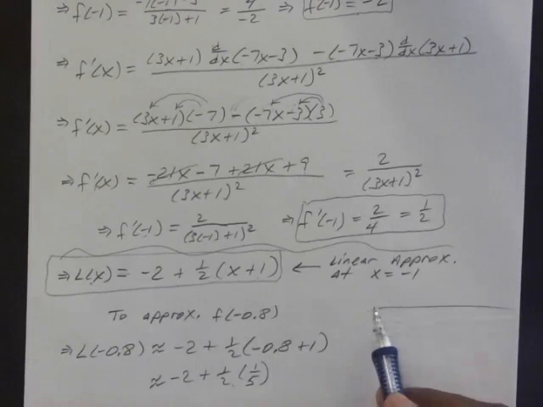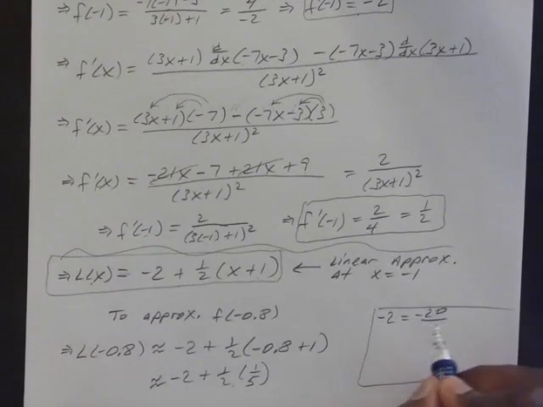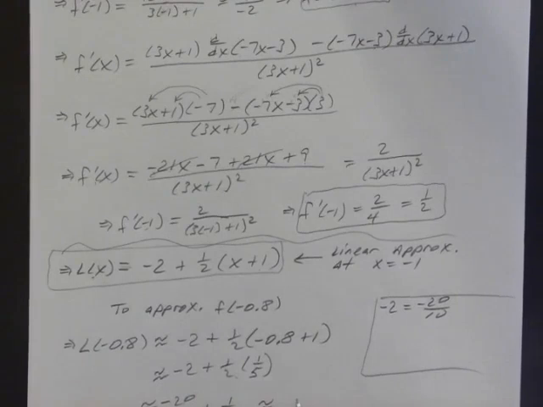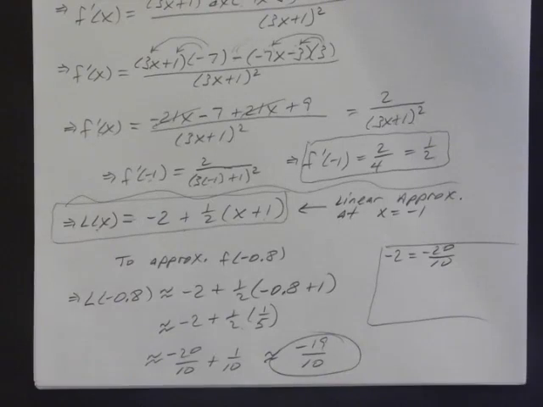I'll just go ahead and calculate it over here. Okay, so that -2, we can make that -20/10. So that -20/10 plus 1/10 is approximately -19/10. Okay, so that is our exact linear approximation.